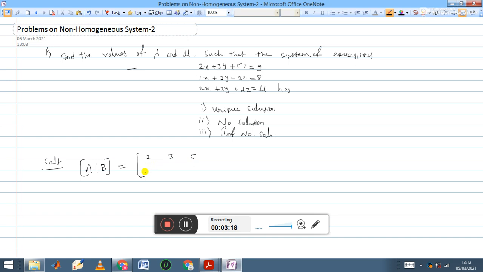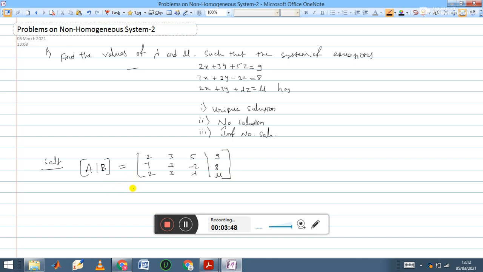Then second equation 7, 3, minus 2. Third equation 2, 3, lambda, and your constants 9, 8, mu. Now you go as usual. Your intention is to reduce this matrix into echelon form.